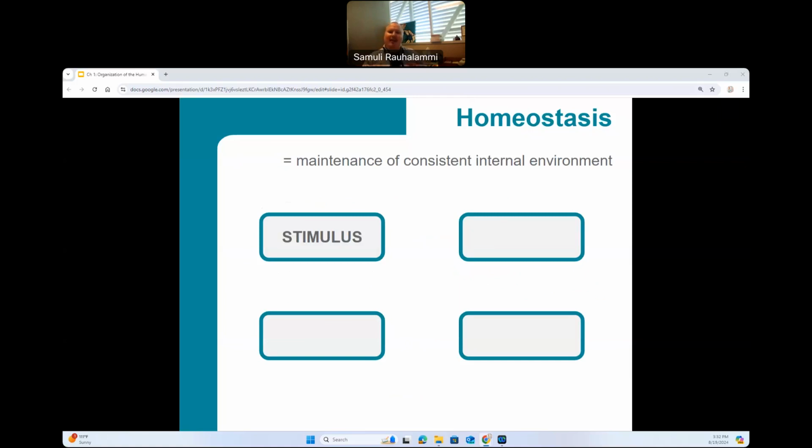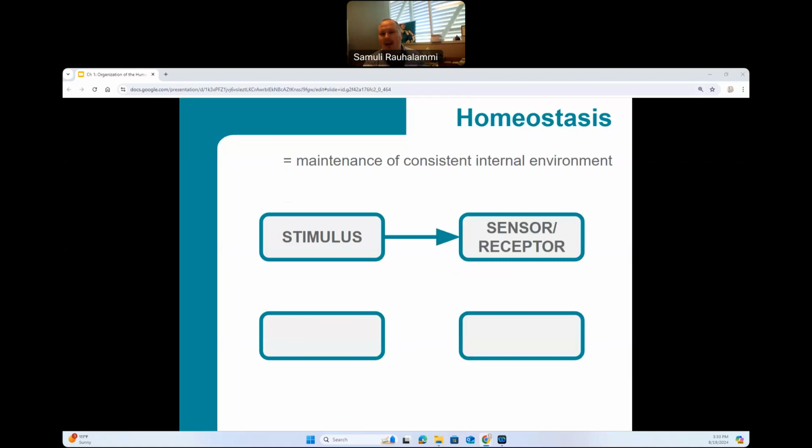So a stimulus is something that's changing. There are many stimuli around us all the time. I'm going to just use one example for our purposes, but you could think of a lot of these. We're going to look at, for example, your internal body temperature as an example of a stimulus.